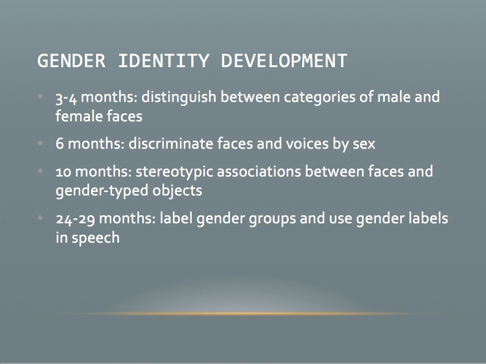And by 24 to 29 months, they can label groups and use gender labels in speech fairly easily. So if you take all of this together, it would indicate that there is an ability to label gender groups by about 18 to 24 months or so.